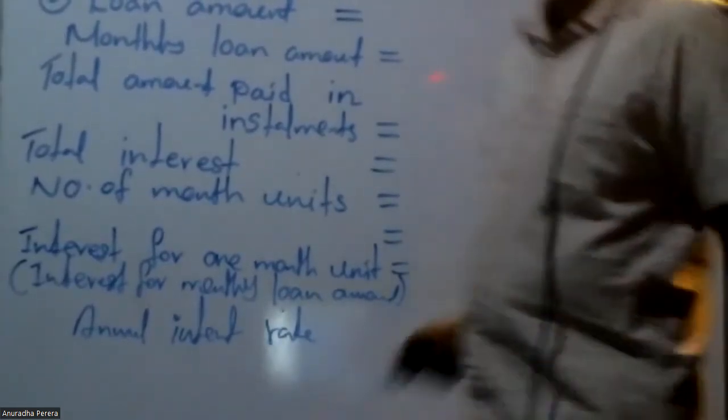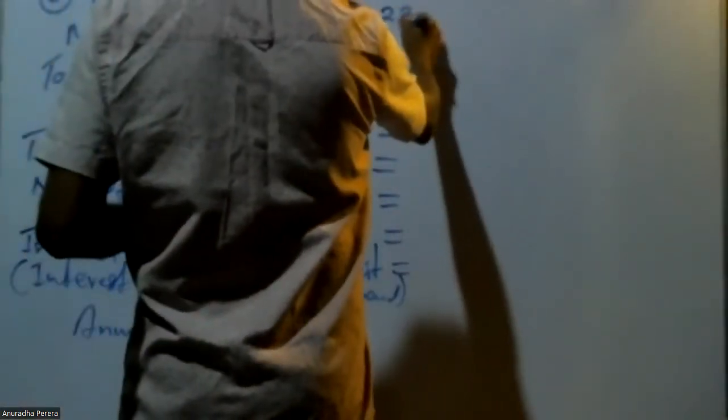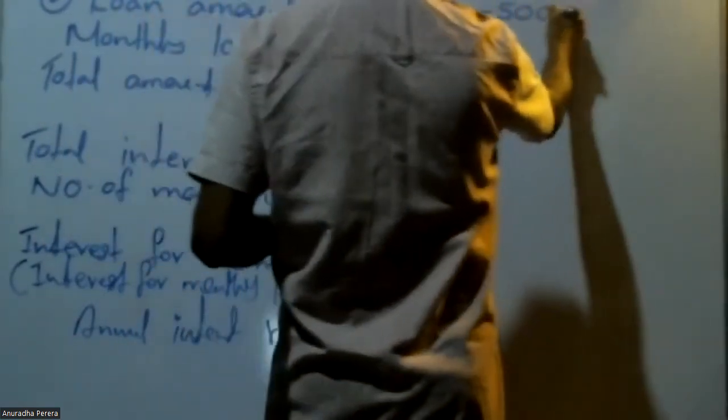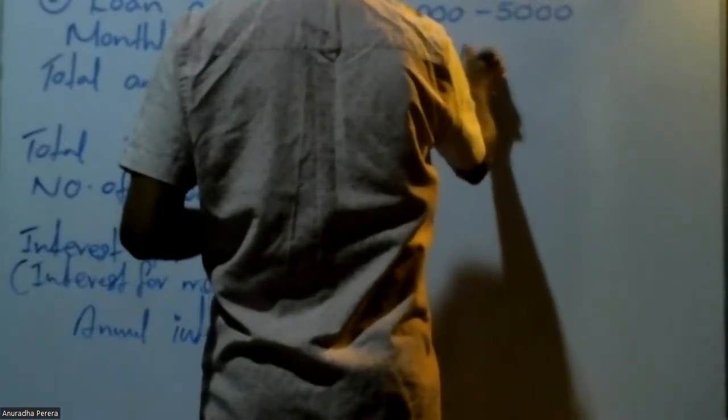Right. First determine the loan amount. 23,000 minus 5,000 is 18,000. Right?